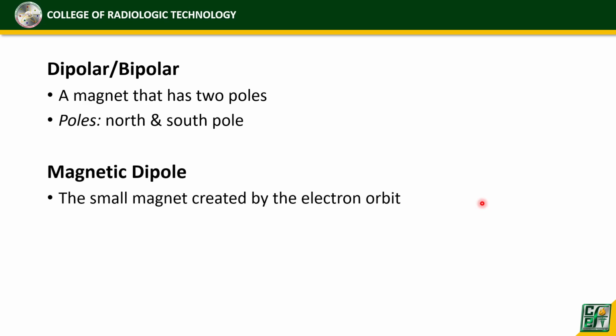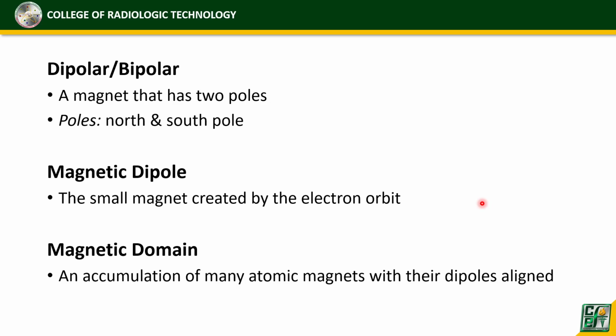Magnetic dipole, the small magnet created by the electron orbit. Then magnetic domain, accumulation of many atomic magnets with their dipoles aligned. So yung magnetic domain, na-discuss din yan sa inyong discussion ng MRI physics, di ba?